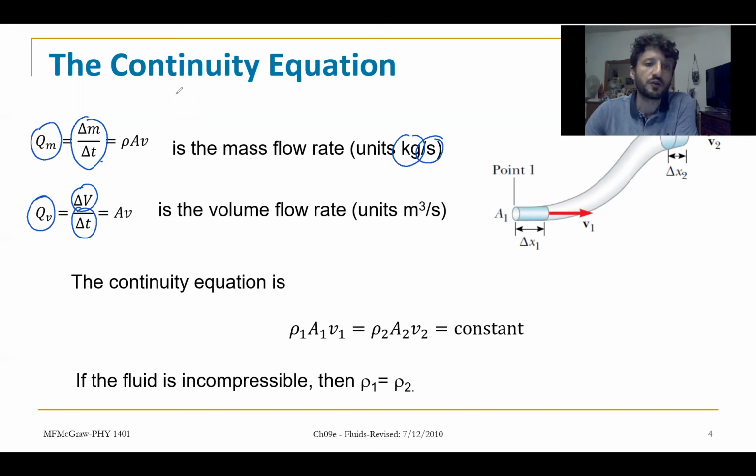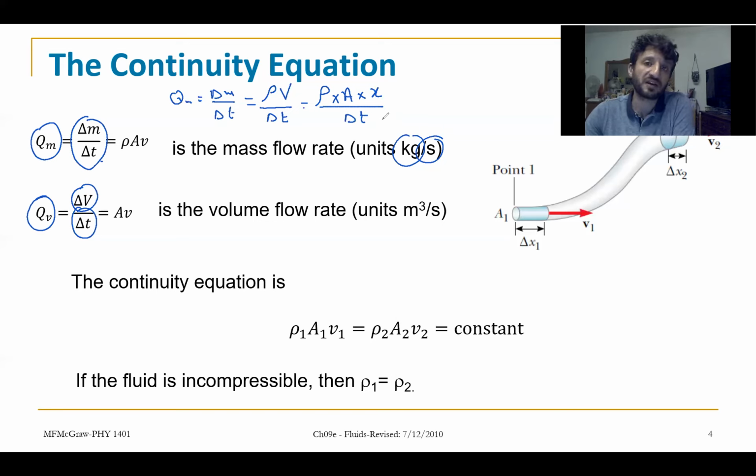Okay, you know Qm equals delta m divided by delta t, and delta m equals rho times V, divided by delta t. And the volume equals the cross-sectional area A times the length x, divided by delta t.